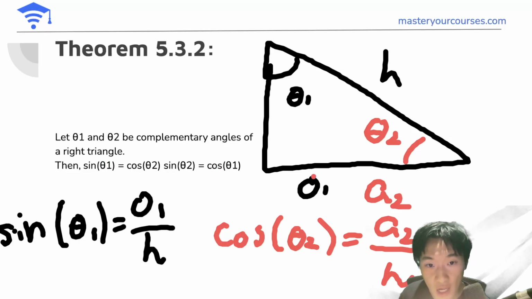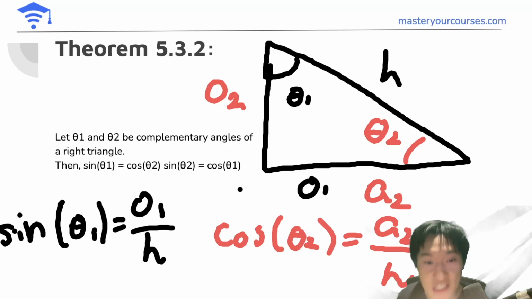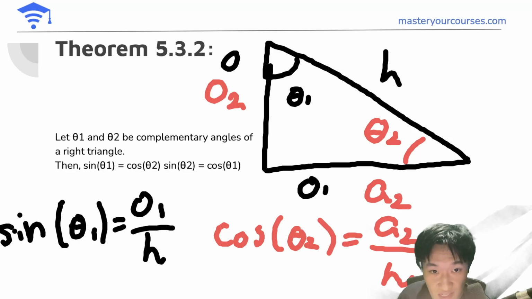Well, what's cos theta 1? Let's just do theta 2 actually. So sine theta 2 is, again, opposite over hypotenuse. But what's opposite with regards to theta 2? It's this side over here, the vertical side. Let's call this opposite 2. Now cos theta 1: what's adjacent with respect to theta 1? Adjacent is exactly this one. So what do you have?